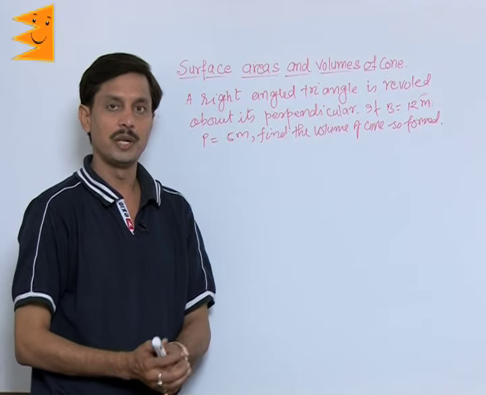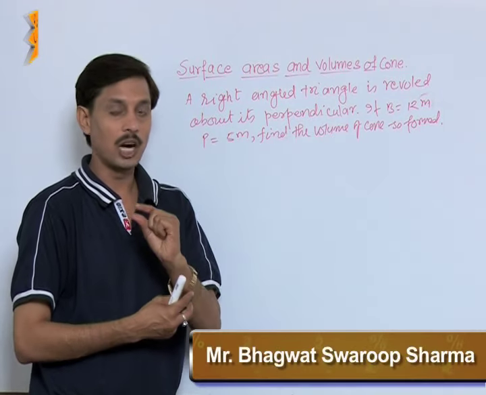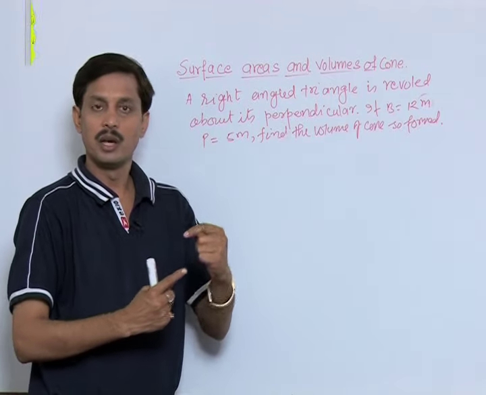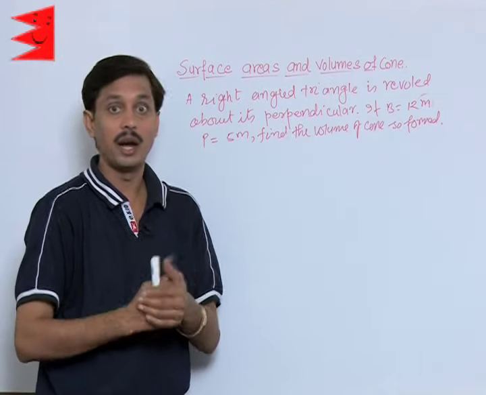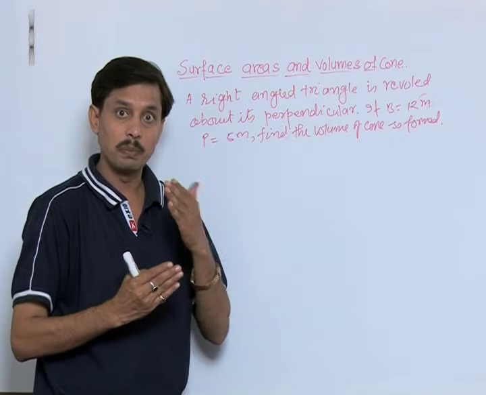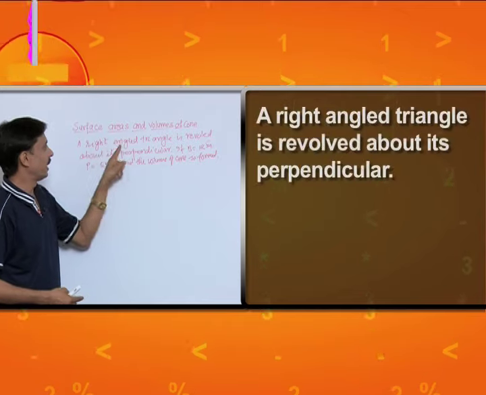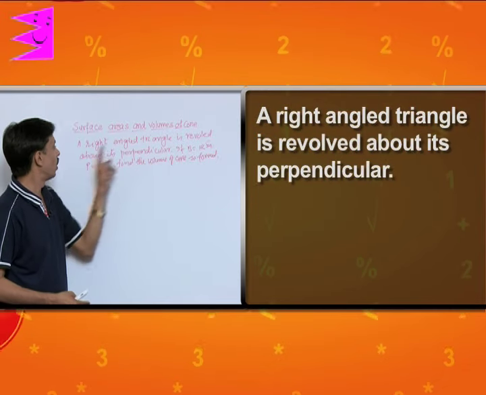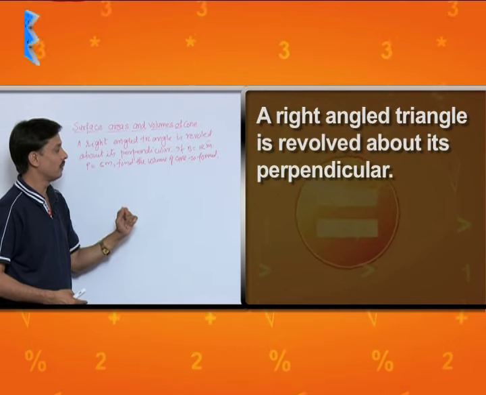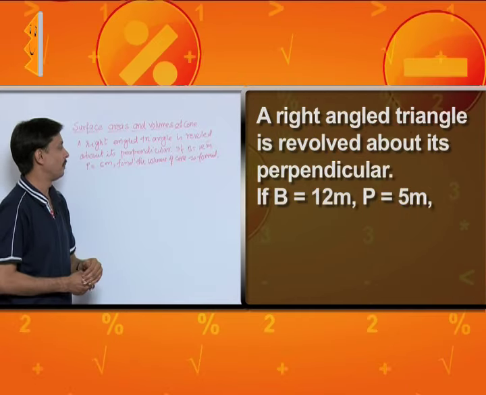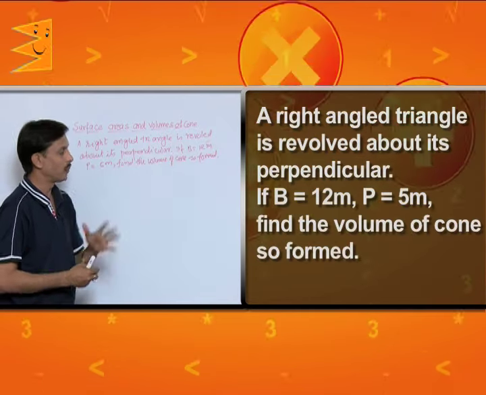Now one more question where I will tell you how to calculate the volume of a cone which is formed by revolving a right angled triangle about its perpendicular or about its base. A right angled triangle is revolved about its perpendicular. If base is 12 meter, perpendicular is 5 meter, find the volume of cone.